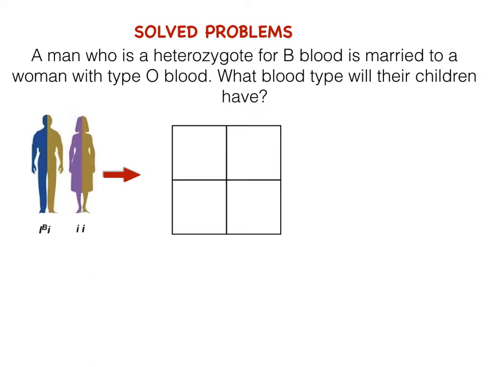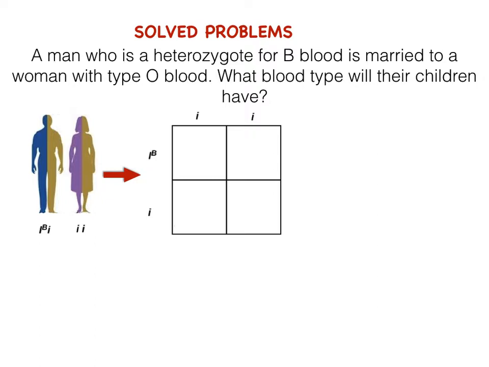We have the Punnett square, and the rule is that on the left side you write the male genotype, and on the top, in the horizontal line, you write the woman's genotype. The man has two alleles, IB and i, and the woman has two of the same allele, small i. She is homozygous for the O type.